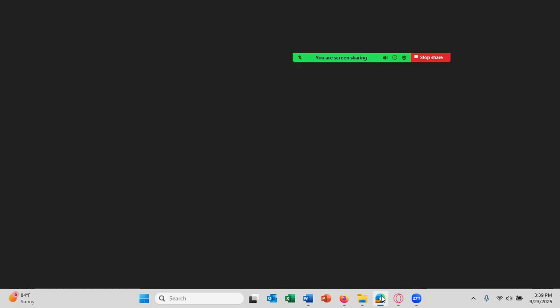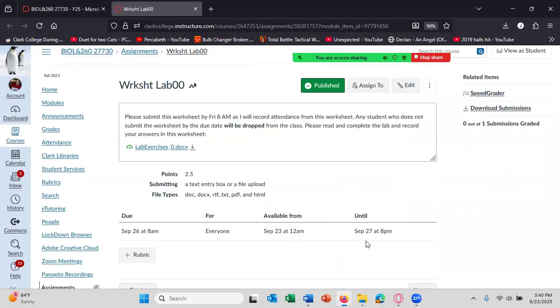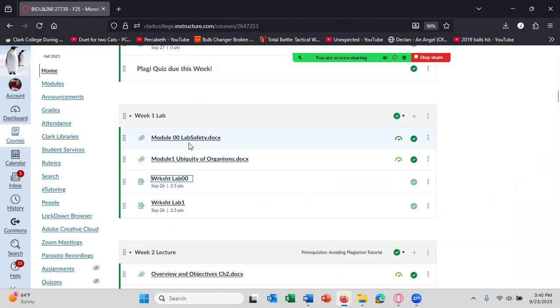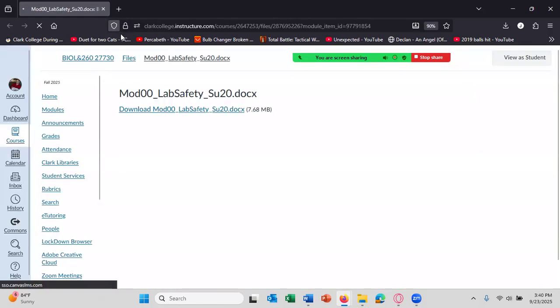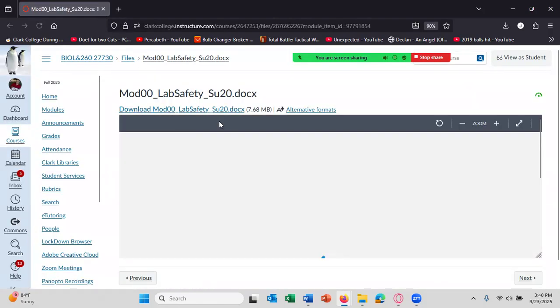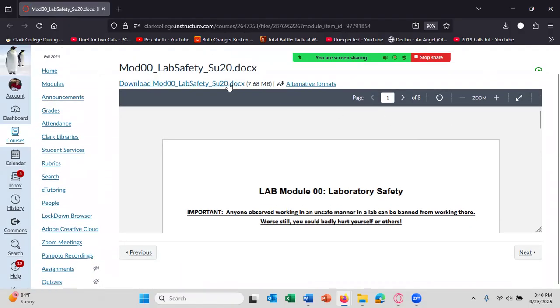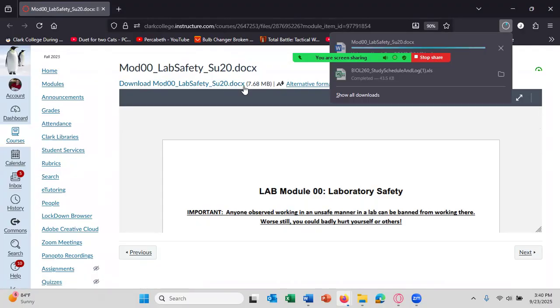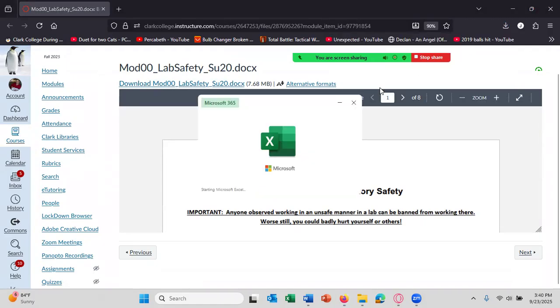Maybe. Oops, wrong one. Maybe I should download it here, make sure I get the right one. Well, I don't see a download link. Oh, there it goes. Nope, that's the wrong one. Close that down.